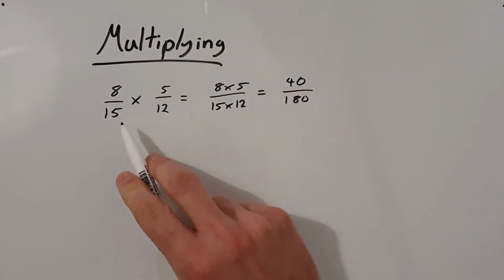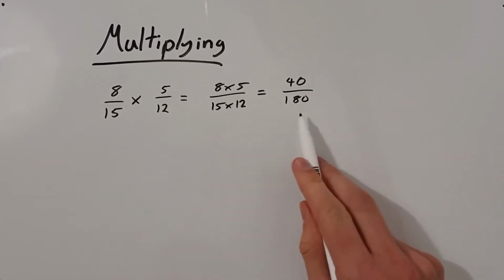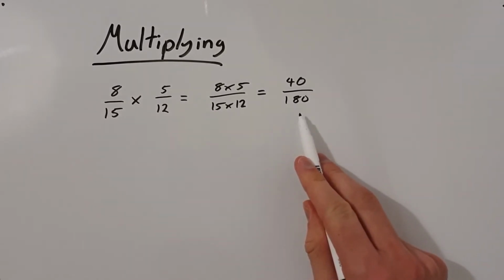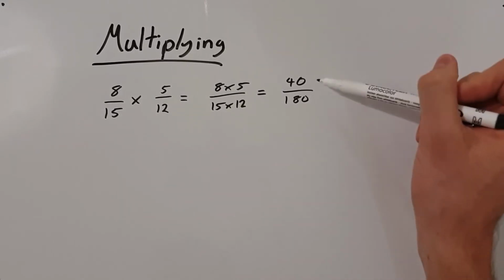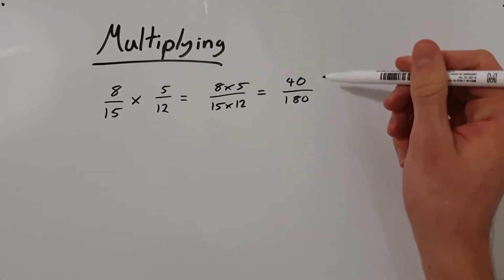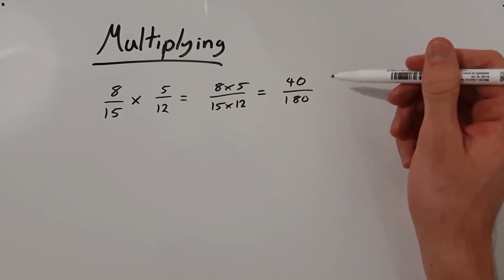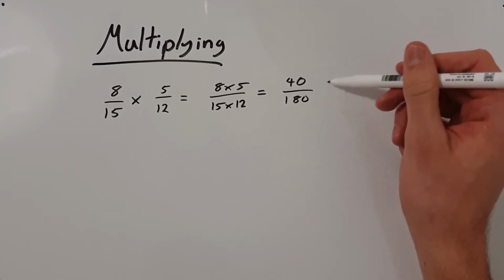So that gives us our answer at the beginning. But of course we want to cancel this down and simplify it. So remember from the last video, we find a common multiple between the numerator and denominator, and then we divide them both by that and get our answer. So we could do this in a couple of steps.